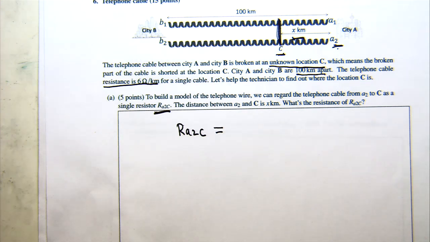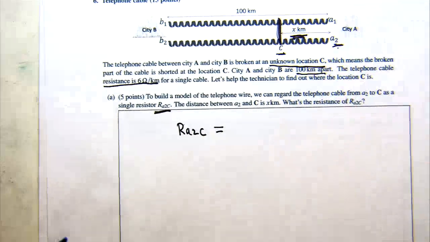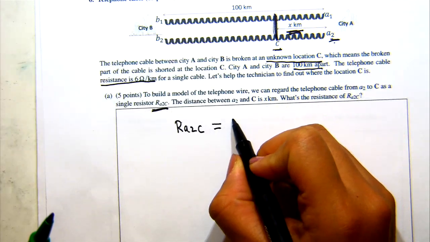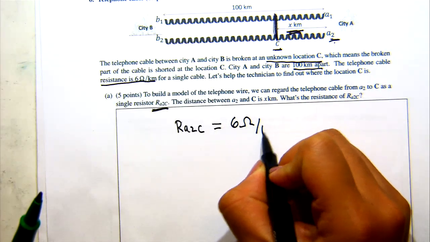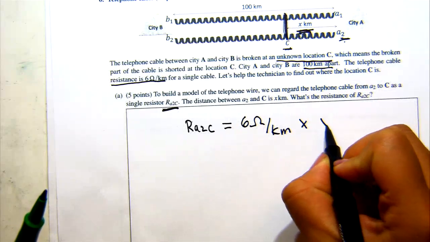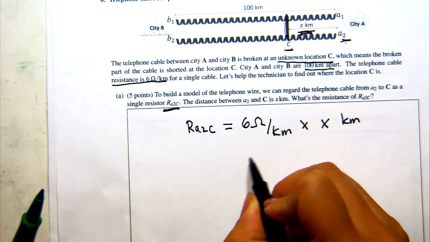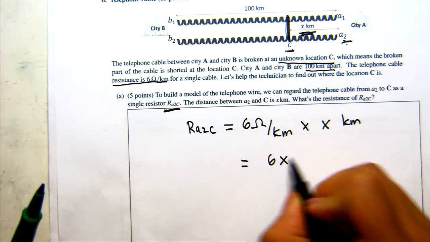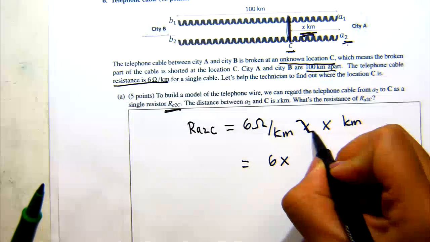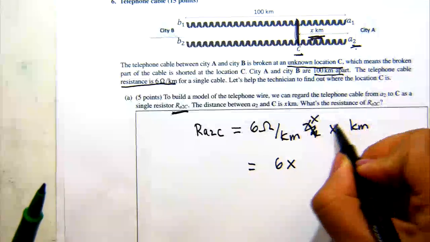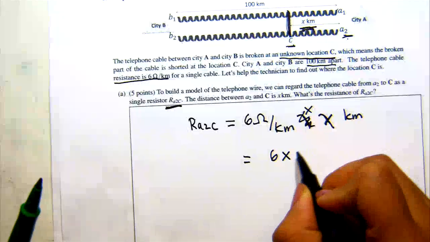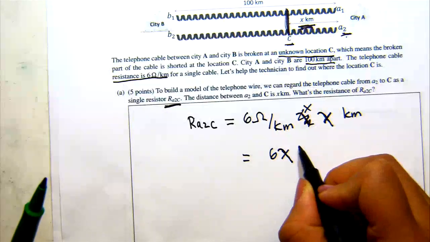So what should we multiply by? X, right? Yep. X is in units of kilometers. So RA2C should just be 6 ohms per kilometer multiplied by X kilometers. So that should give us 6X ohms.